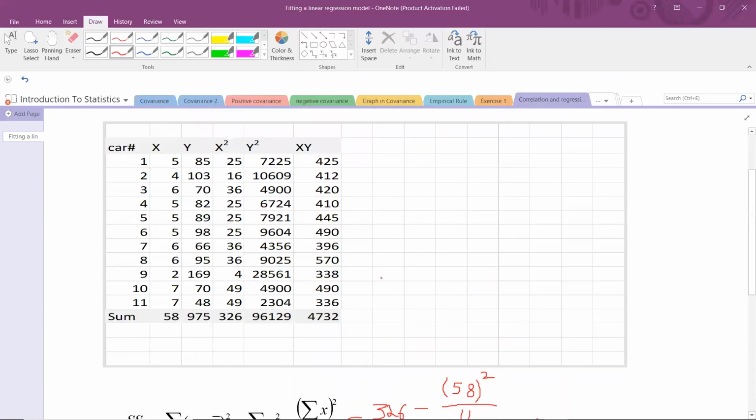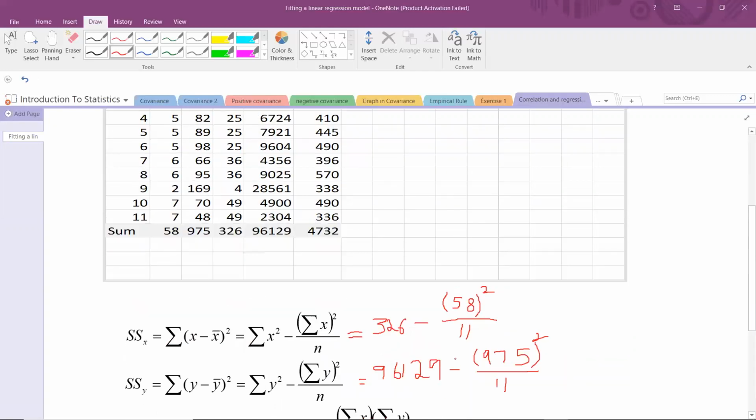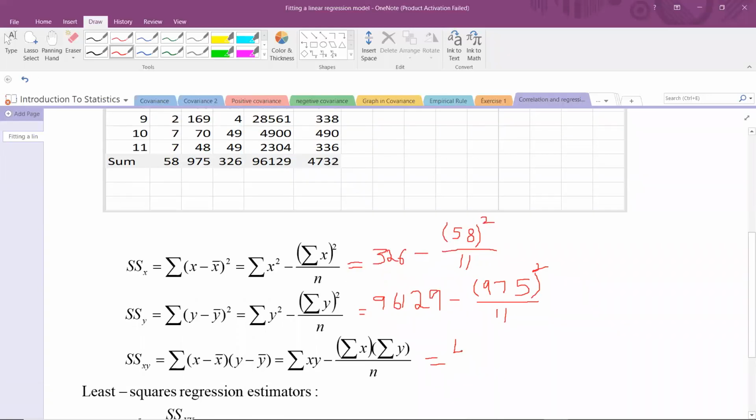Total of xy, 4732, minus total of x and total of y, 58 multiplied by 975, divided by 11.